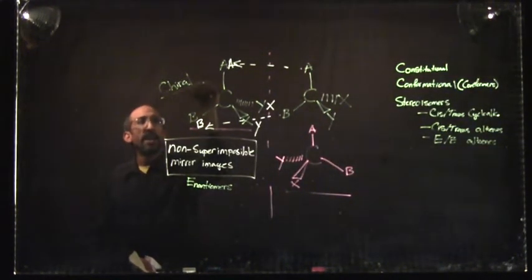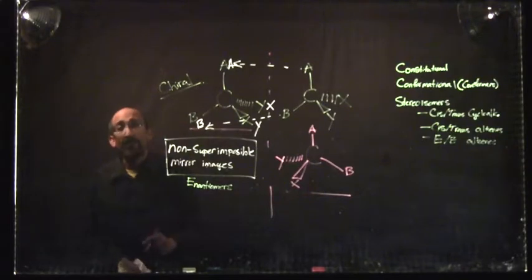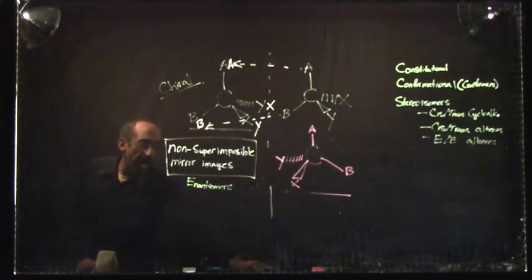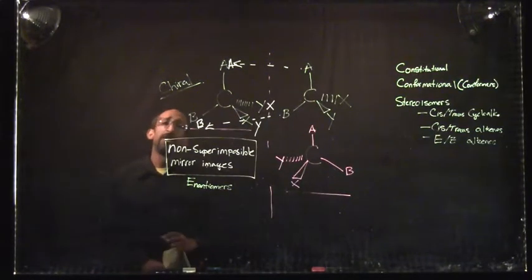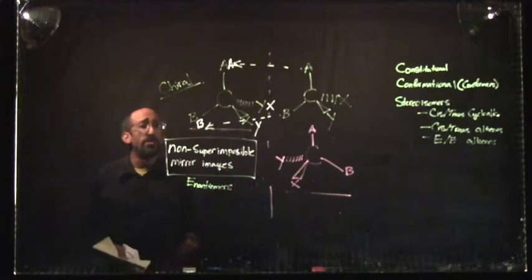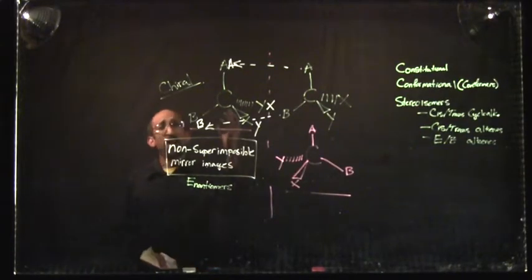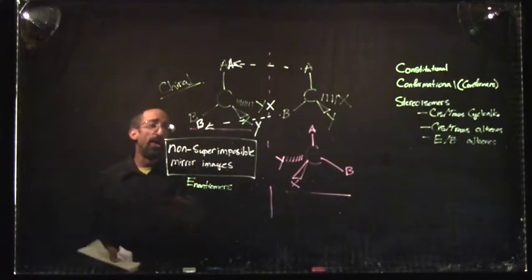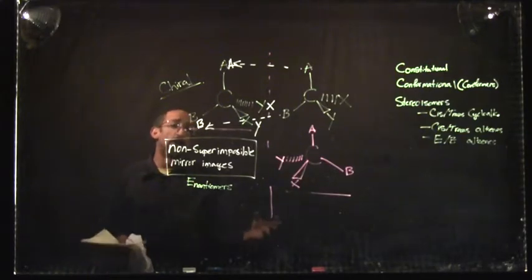And chiral carbon atoms are very important to us. We're going to see chiral carbon atoms throughout the rest of the semester. You're going to see chiral carbon atoms next semester as well. For those of you who are in the biological sciences, this concept of chirality is what makes it that only one set of amino acids work in our body.